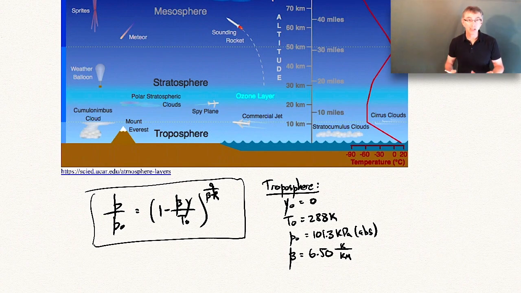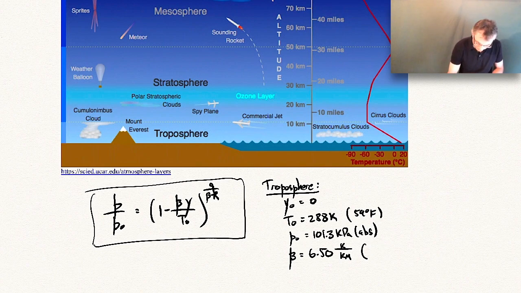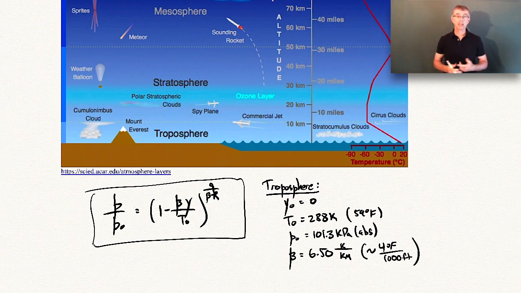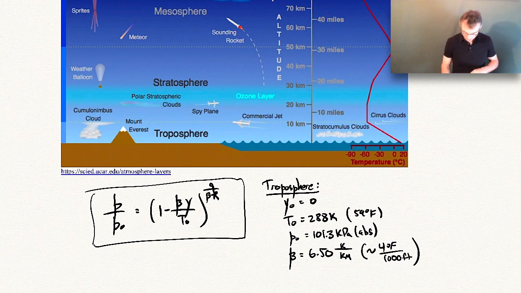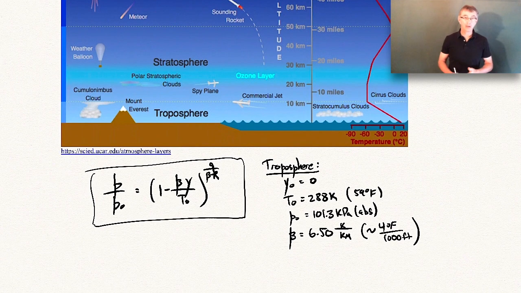To give you some English units to go along with this, the 288 Kelvin is about 59 degrees Fahrenheit, and the beta is approximately 4 degrees Fahrenheit for every 1,000 feet. It's kind of a handy number to know. If you ever go hiking in the mountains, every 1,000 feet you go up in altitude, the temperature drops roughly 4 degrees Fahrenheit.